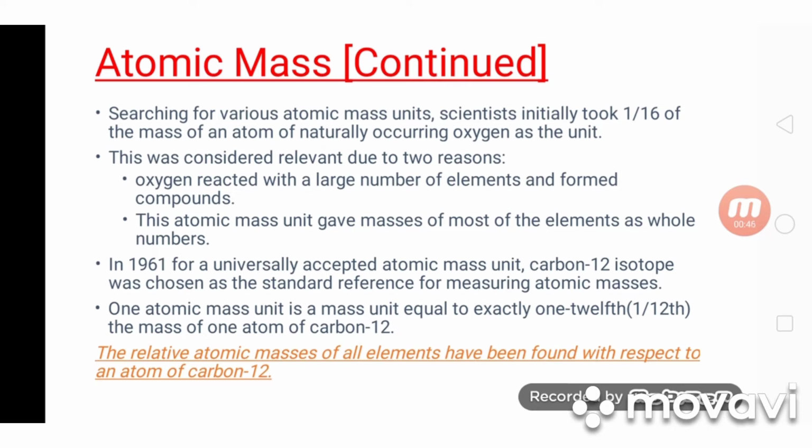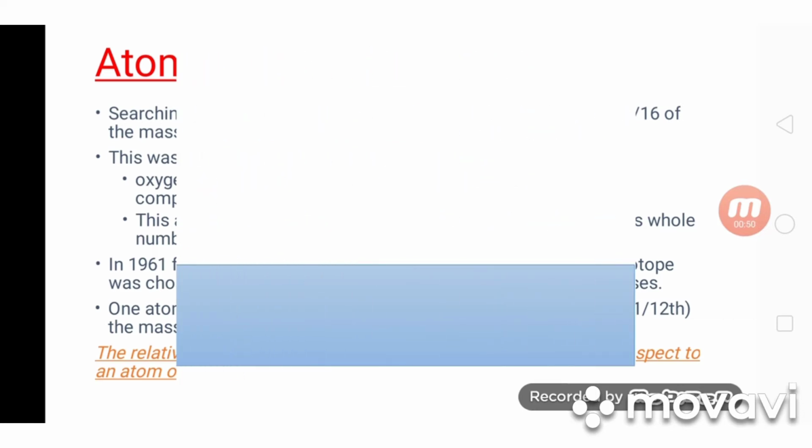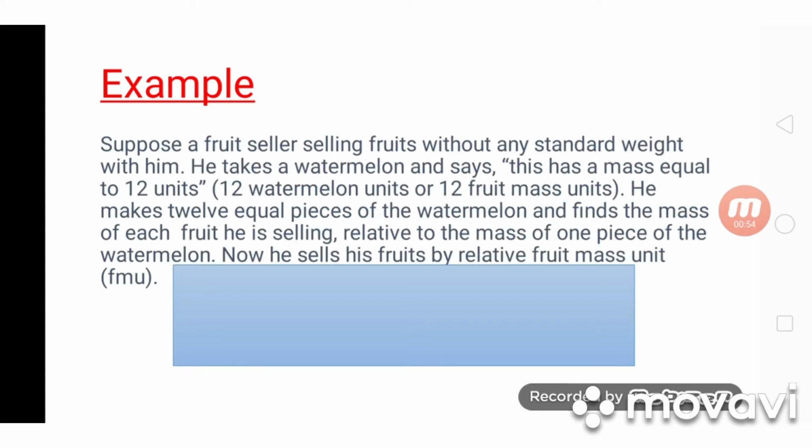Let us now discuss this better with the help of an example. Let us consider a fruit seller who is just selling fruits and does not have any standard weights.